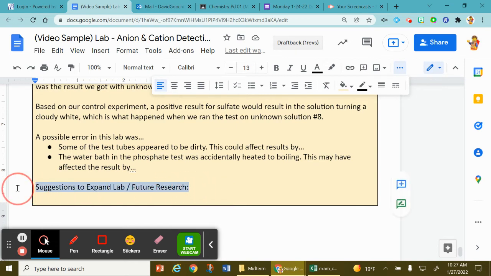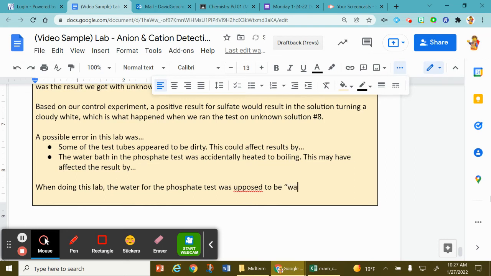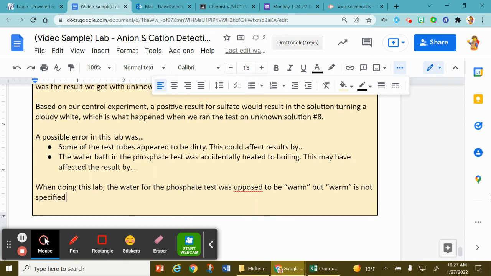So here's one possible suggestion for improvement or expanding this lab, that someone wrote down. When doing this lab, the water for the phosphate test was supposed to be warm, but warm is not specified.